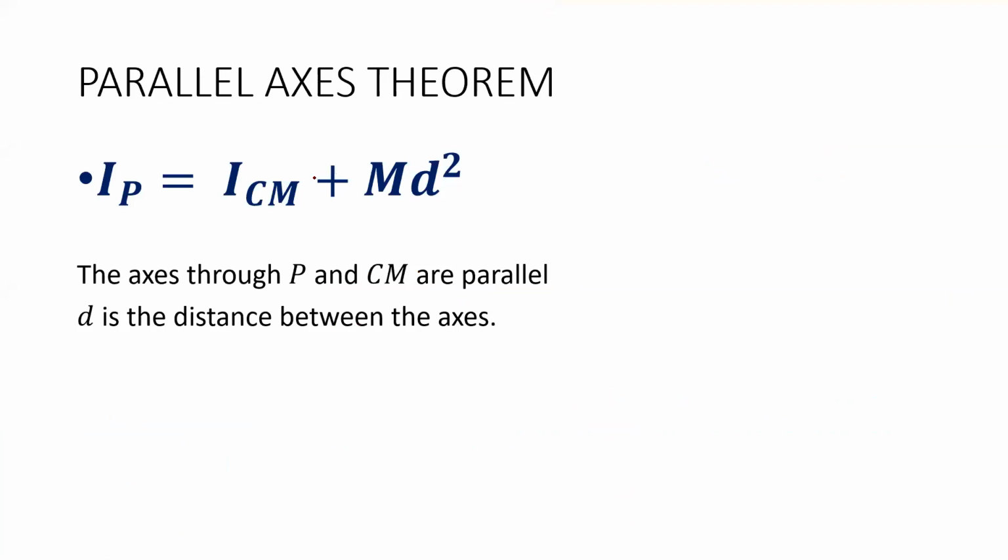So this is the parallel axis theorem I was talking about. If you have two axes, P and the center of mass, the moment of inertia about an axis passing through P can be written as the moment of inertia about an axis passing through the center of mass plus md square, where d is the distance between the axes. So this is a general theorem, and a very useful theorem.